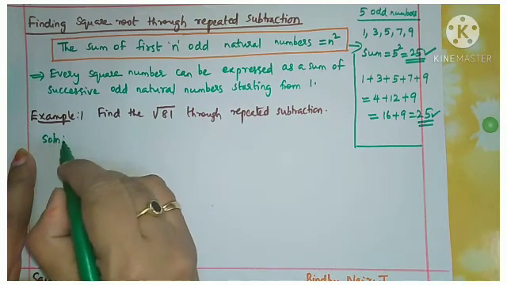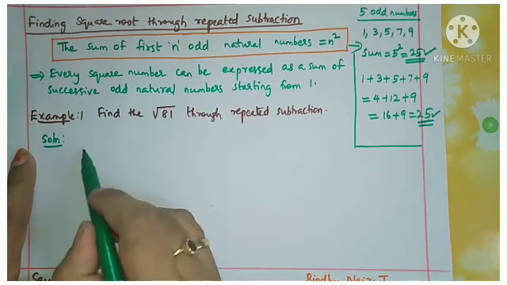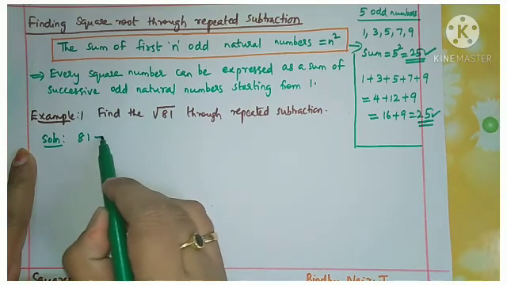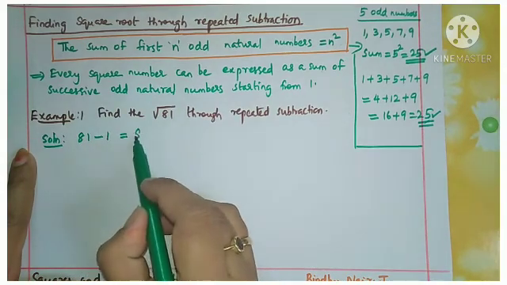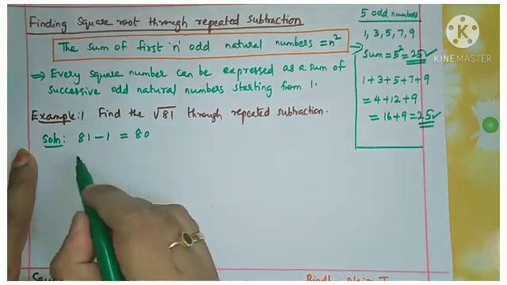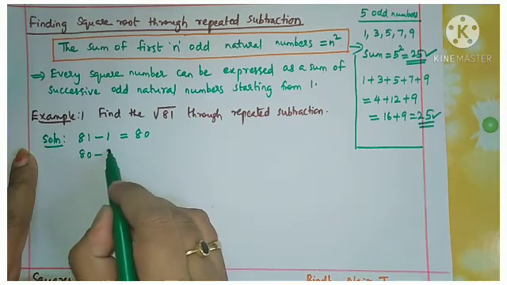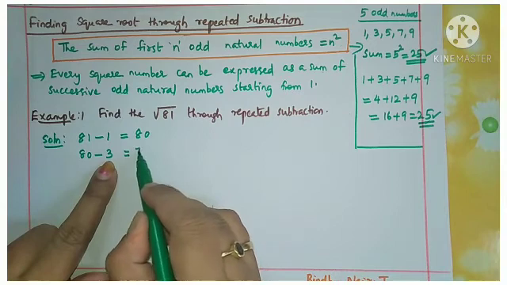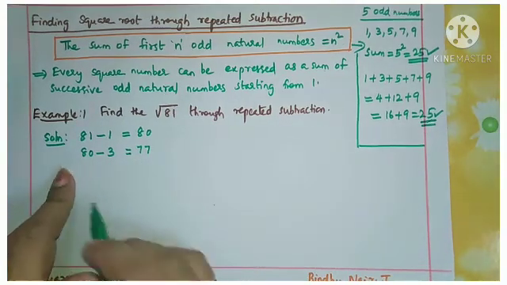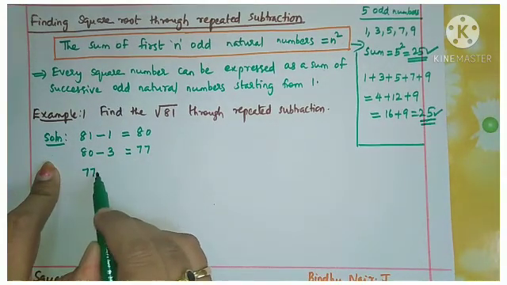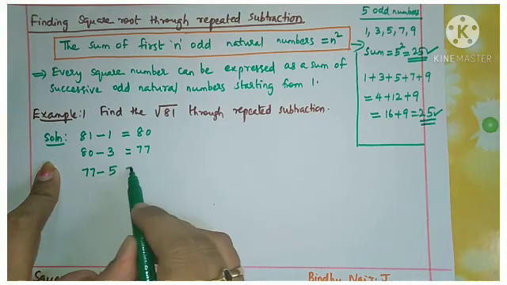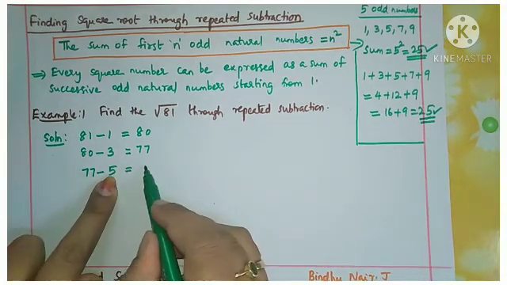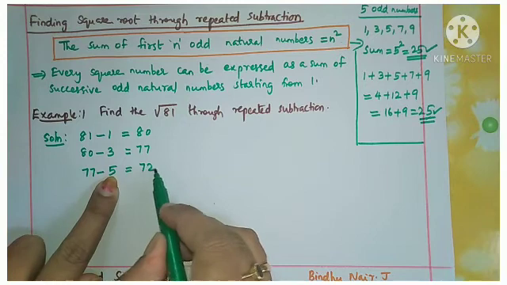Okay, so we can start. First subtract the first odd number 1. So 81 minus 1 is 80. From this answer subtract the second odd number 3. 80 minus 3 is 77. Now from 77 subtract the third number 5. 77 minus 5 is 72.